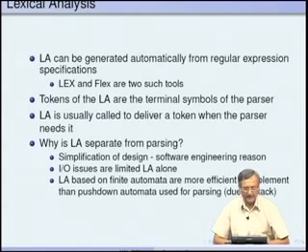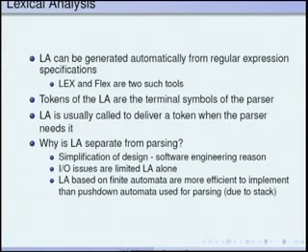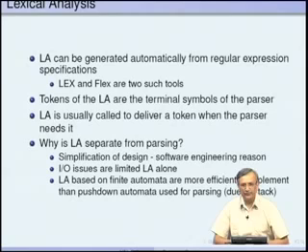Lexical analysis is based on finite state machines, finite automata as they are called, and such finite automata are far more efficient to implement than a push down automaton which is used for parsing. Why? It is well known that to parse a context free language sentence, it is necessary to have a push down automaton, and the push down automaton uses a stack.